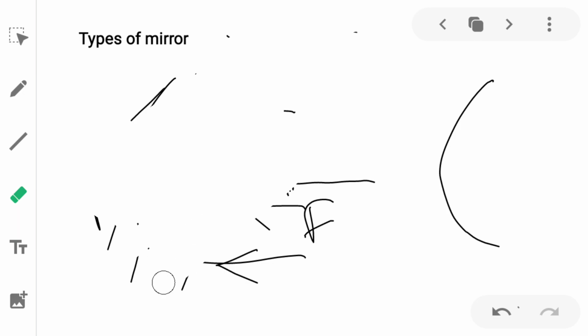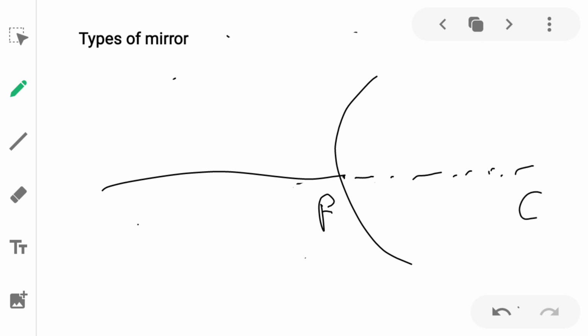But when you take an example of a convex mirror, this is our principal axis. Here is our pole. Here is our center of curvature. The line joining the pole and the center of curvature is called the principal axis.